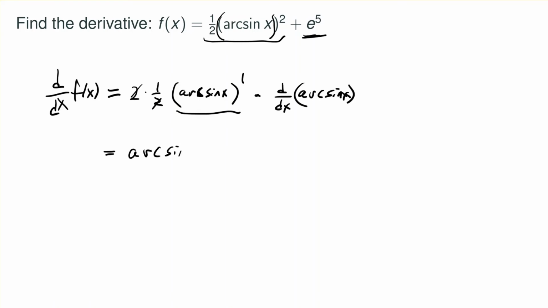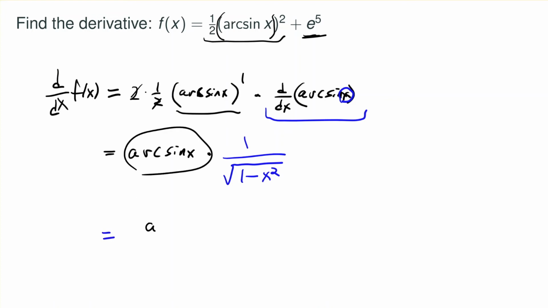So arc sine x multiplied by now derivative of arc sine of x, which is 1 over square root of 1 minus the argument squared. In this case, argument is just x, so x squared. So the final answer is, we can write this in the numerator, arc sine x over square root of 1 minus x squared.